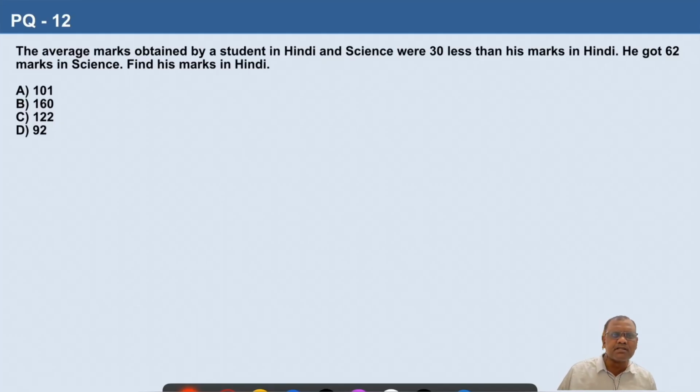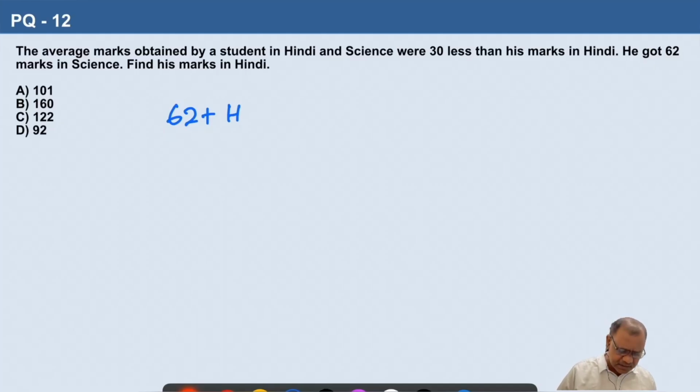So, 62 is the marks in Science and marks in Hindi we don't know, we will assume it as H.